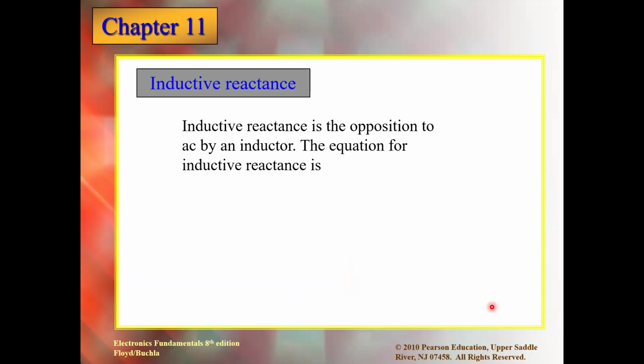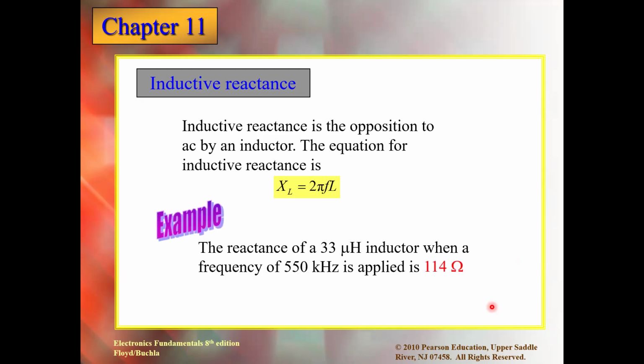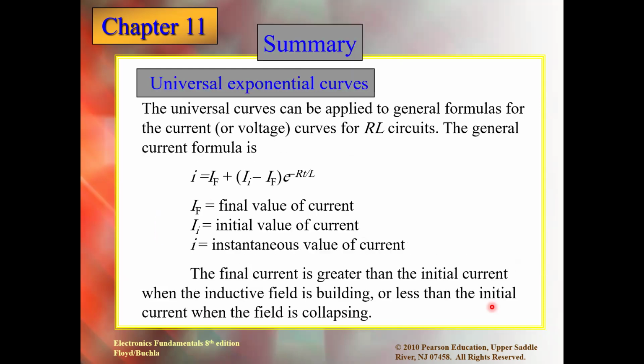The equation for the inductive reactance is XL is equal to 2 pi FL. You may remember that for the capacitor, it was 1 over 2 pi FC. So this is the change. To find the inductive reactance, we must know the inductance and the frequency, and then we can calculate it. The unit is again ohm, the same as the capacitive reactance unit.